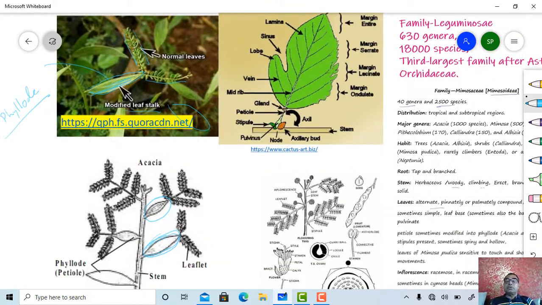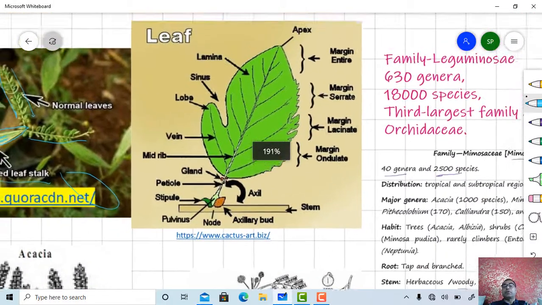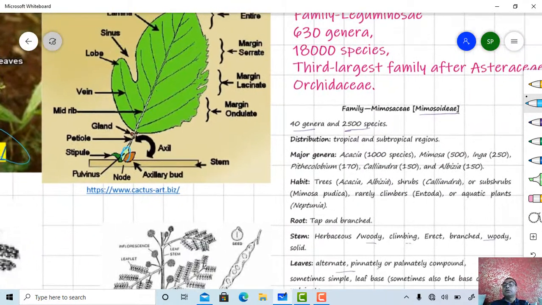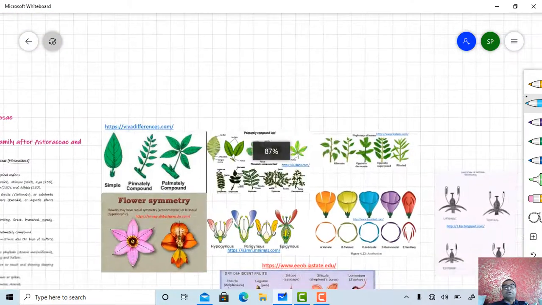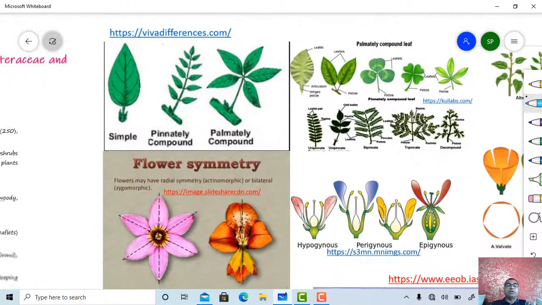Some more figures. You have already observed this figure in the family Papilionaceae. So the pulvinate leaf base is present in this family also. Then simple leaves as well as compound leaves are observed in family Mimosaceae.